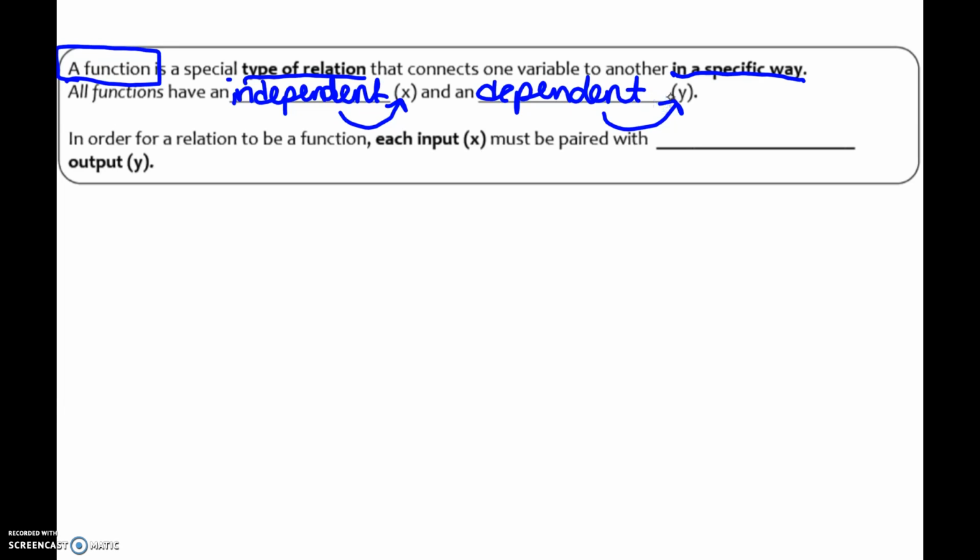So when we're relating an x to a y in a specific way, and I'll explain what that specific way is in a second, we call that type of relation a function.